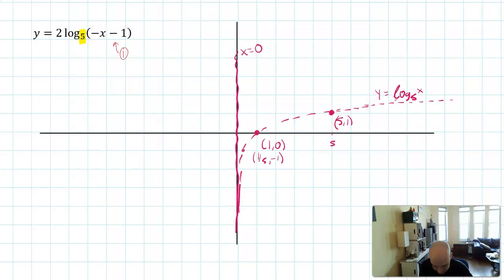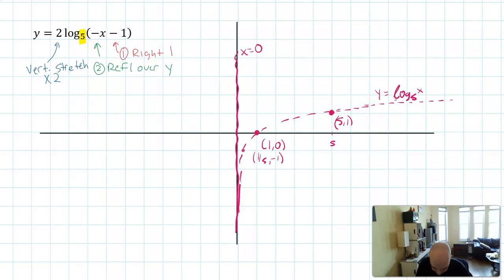First, we said we are going to shift right 1 unit. Then we're going to, in this order, reflect over y. And then we deal with the output transformations. We're going to vertically stretch by a factor of 2. So 3 transformations in this order.